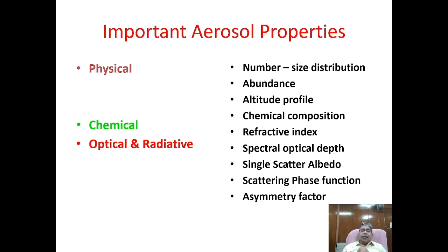Then the various radiative properties of these aerosols are important, for example the spectral optical depth, single scattering albedo, the scattering phase function, and symmetry parameters. All these are technical terms denoting the various properties of these aerosols, which need to be studied while doing any kind of study on radiative transfer, radiative forcing measurements, or eventually any climatic modeling studies.